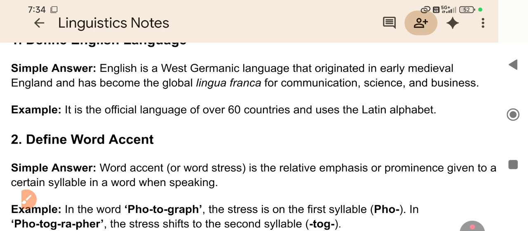It was for the lower class, and French was the language for the elite class. But after some time, English came back with French words, and then became Middle English, right?